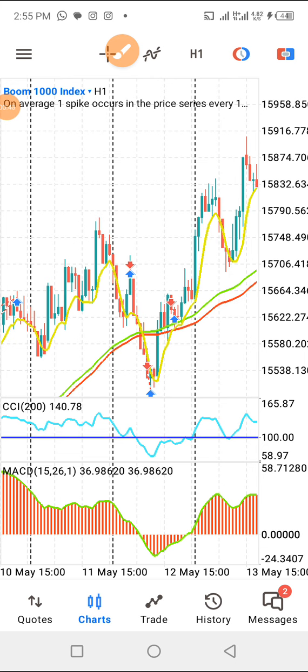So that is when you take your entry, and please don't hold trades too long, except probably you understand the technical and fundamental analysis where you can tell the direction of price and where price is definitely going to make a reversal. So that is when you can hold the trade for a bit longer.